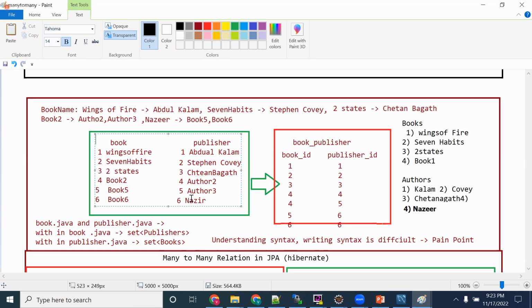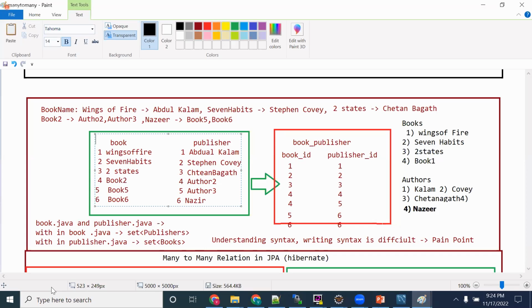Like now, today I'm going to discuss composite primary key. Why? Because book to publisher is one to many, as well as publisher to book also one to many. So I cannot take the data in one table or in two tables.